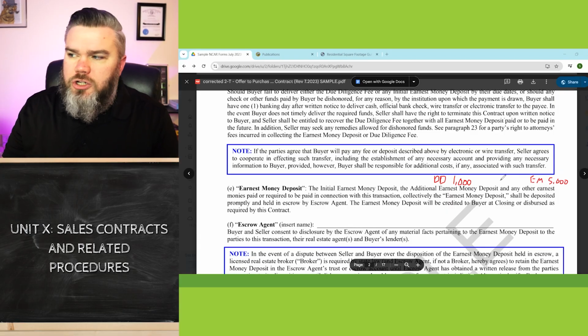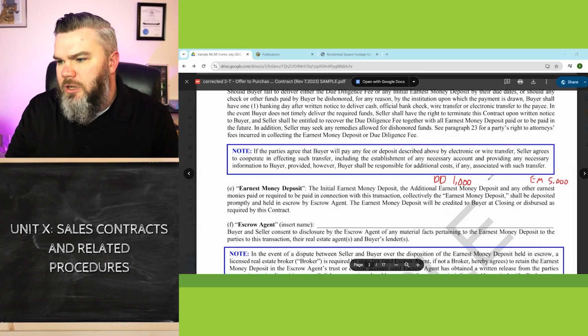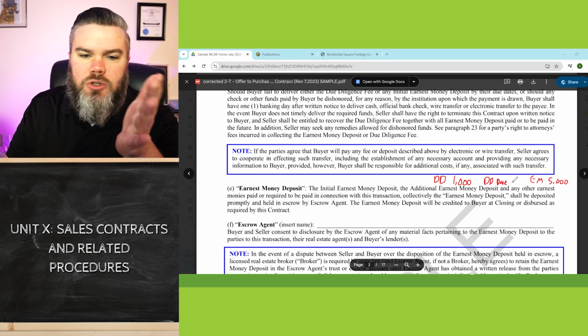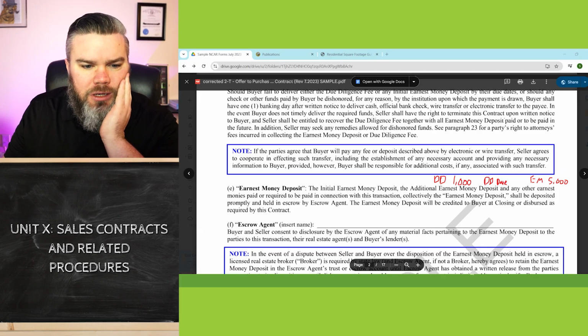But what we're going to show you on the contract in a second is the due diligence money is typically accompanied with what we would call a due diligence date. So we're going to put a date on here. Let me just use an example. Don't worry about how long it's supposed to be. That's not something that you need to know.